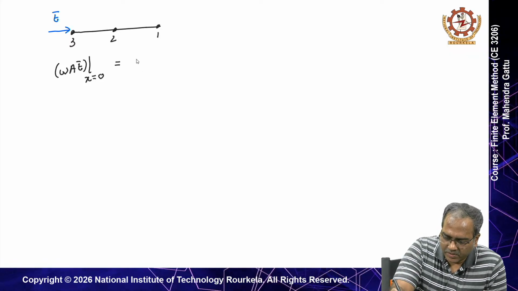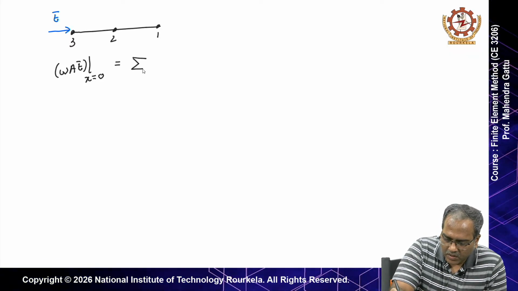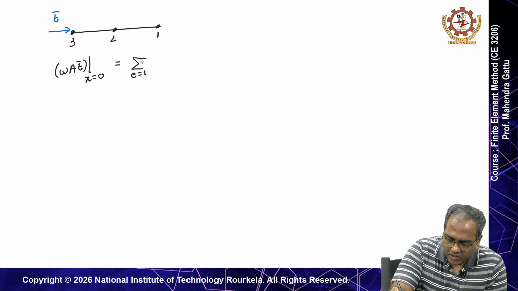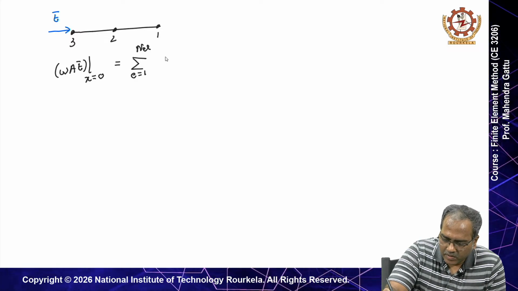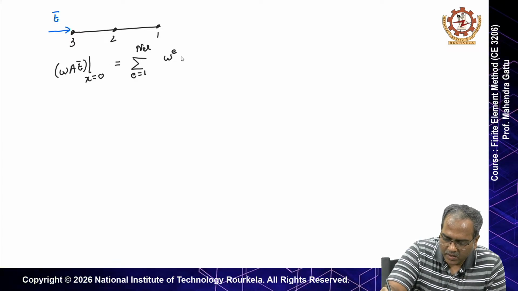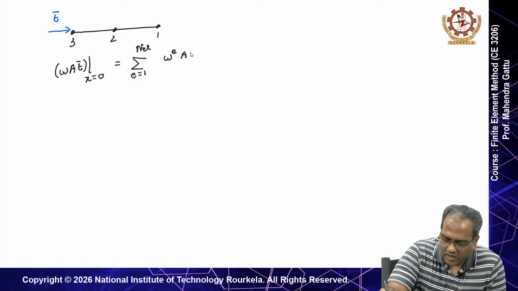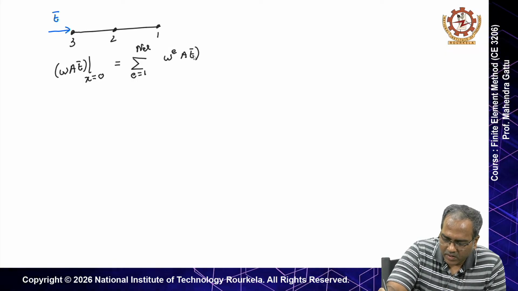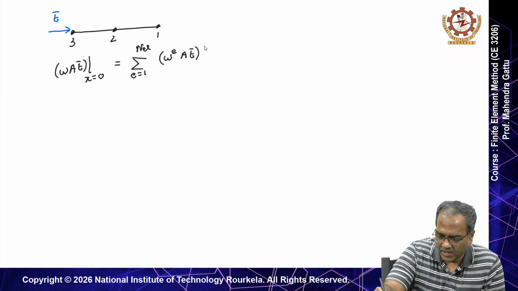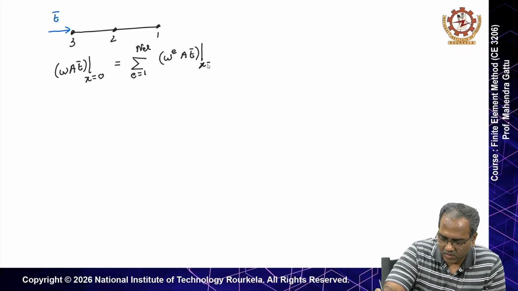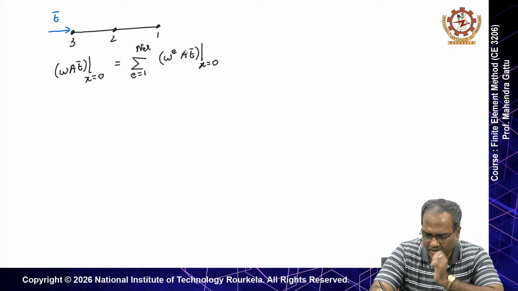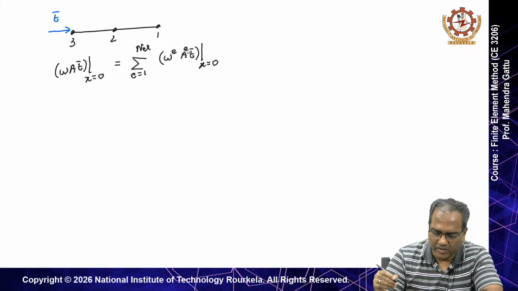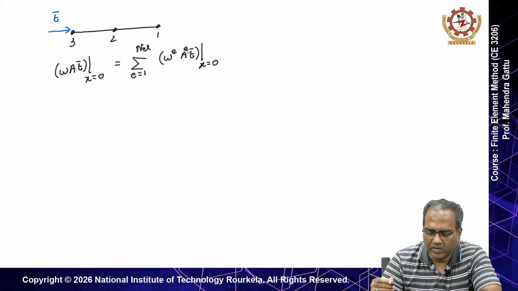Let us write it in terms of element summation: sigma E equals 1 to number of elements, and then we have W E A E T bar at x equals 0. Okay. So, A again will be A E, because we are in that particular element.